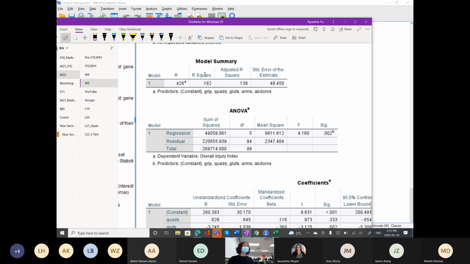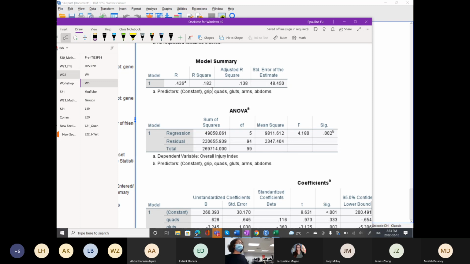R squared is 0.182. Can somebody try to interpret what this 0.182 is? Anyone want to try? If you translate this to a percentage, it means 18.2%. What does 18.2% mean?